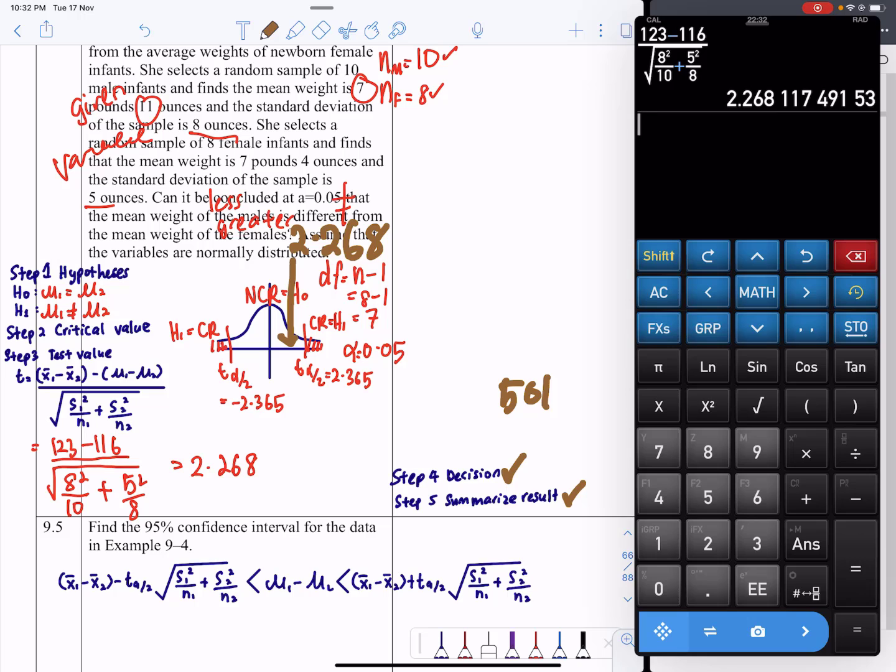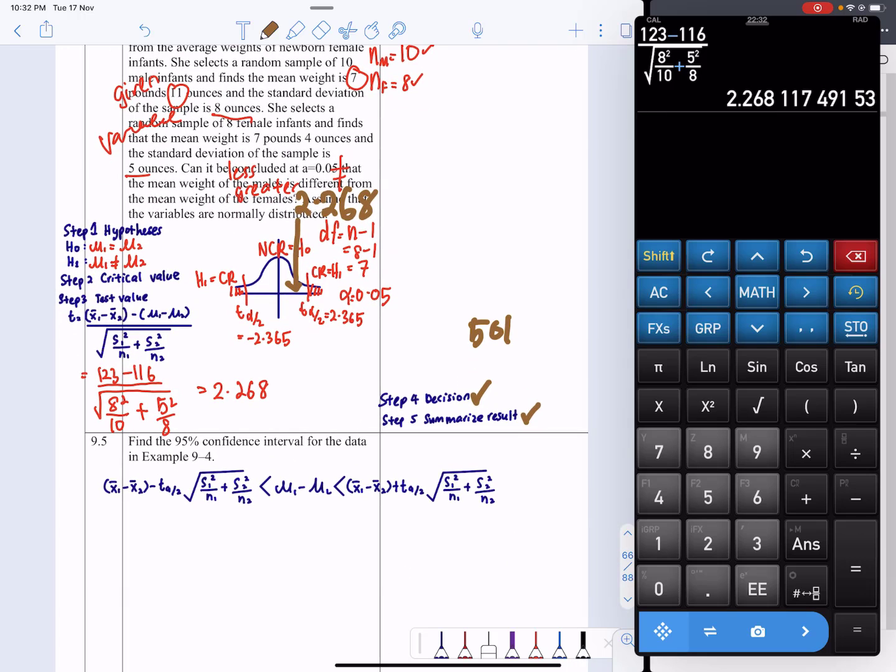It's not really difficult. We have step 1 up until step 5. Similar. What is different is the table that we use, and second is the formula. Then we insert the values inside the formula. The most important part is that you know how to determine which test you want to use, whether it's a Z test, a T test, proportion, or chi-square test.